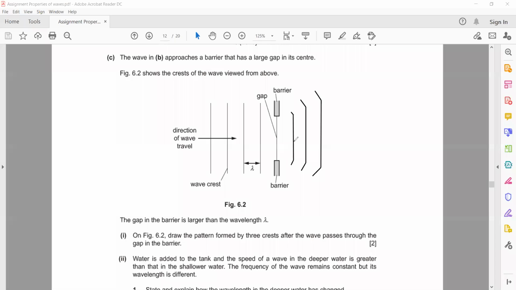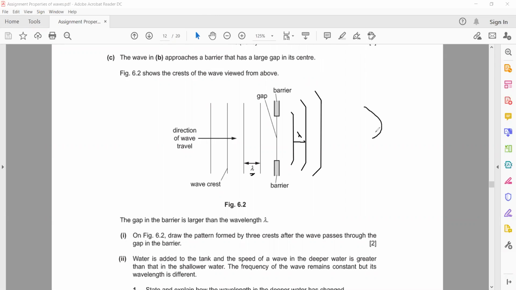Like this gap, this distance should be equal to the original one. The wavelength does not change. The only thing which changes is the direction. So the wave spreads. When you draw first a straight line and then near the edges a slight curve, this shows small diffraction.